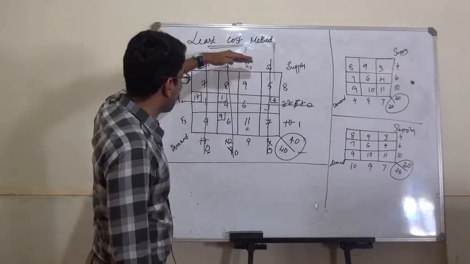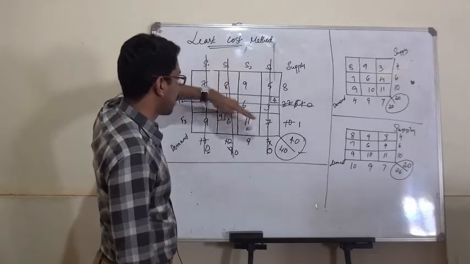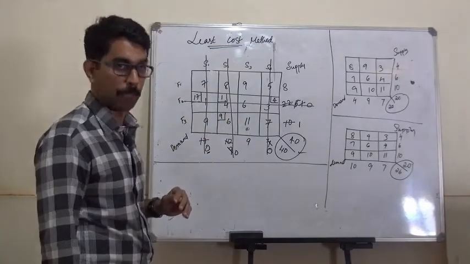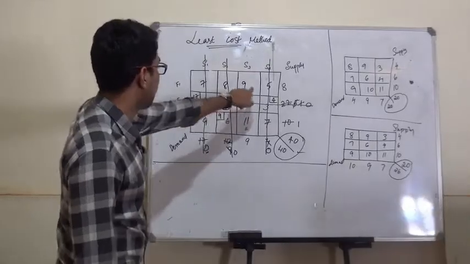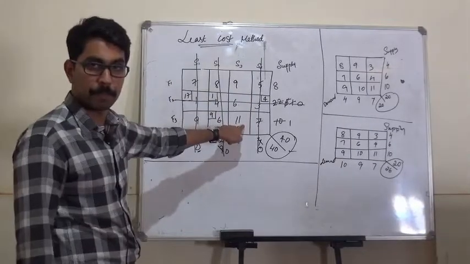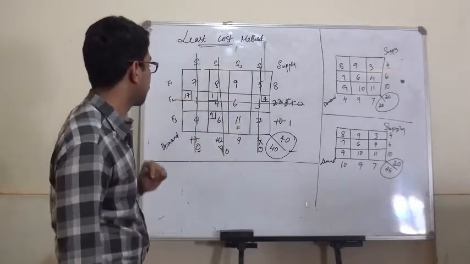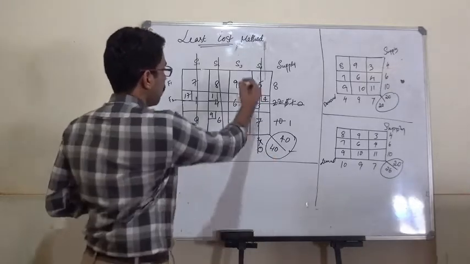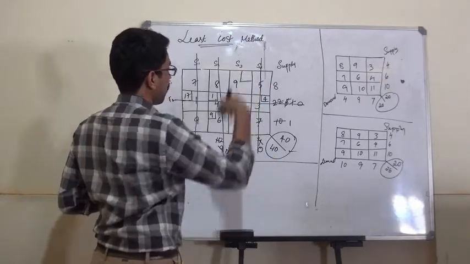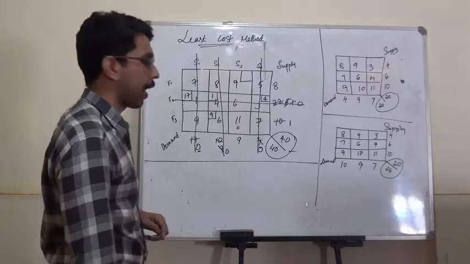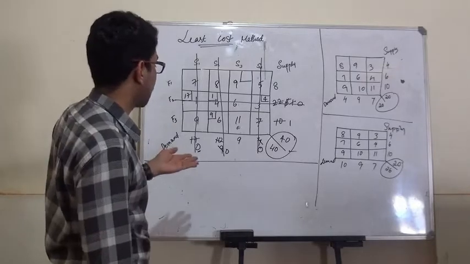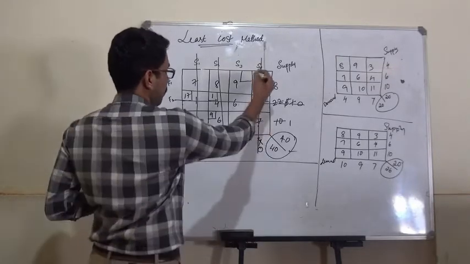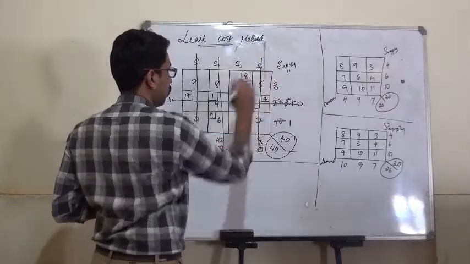In the next step, only 2 cells are available for allocation, 9 and 11. Then we can say that 9 is the least value, so we put a mark on 9. Then which is the least value? Of course, 8 is the least value.